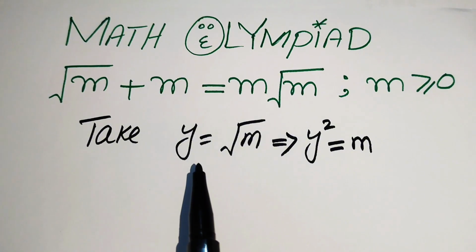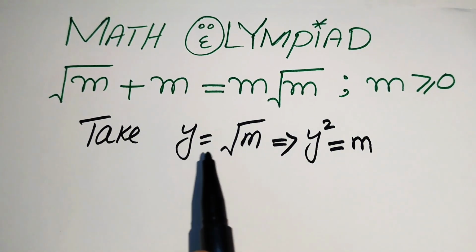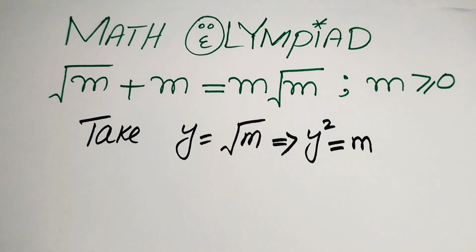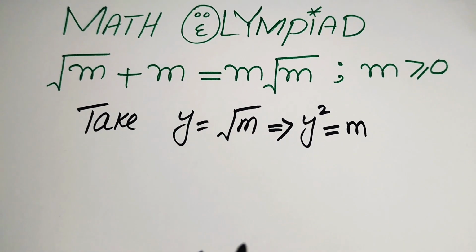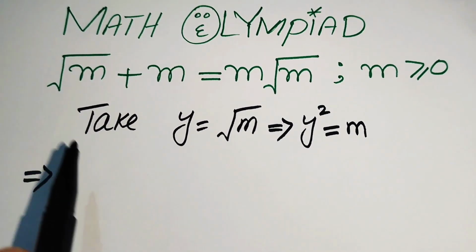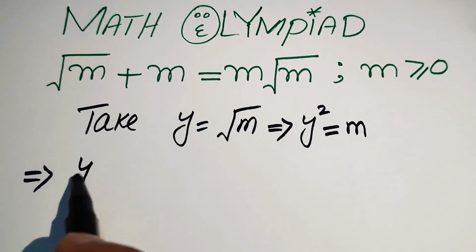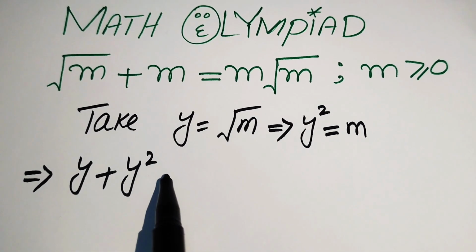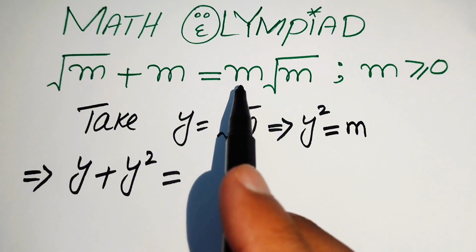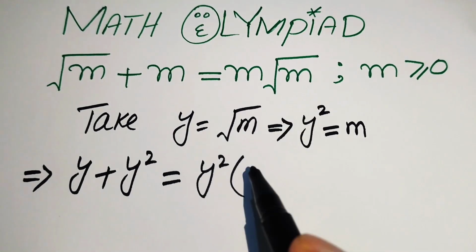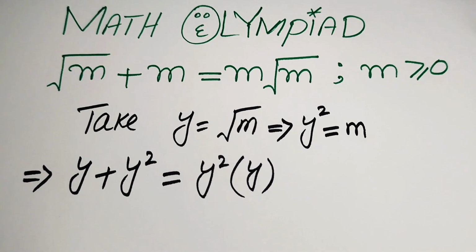So now we have two values: square root of m equals y and m equals y square. We substitute both of these values into the above equation, and now our equation will be written as: square root of m, which equals y, plus m, which is y square, equals m times square root of m, which is y square times y.